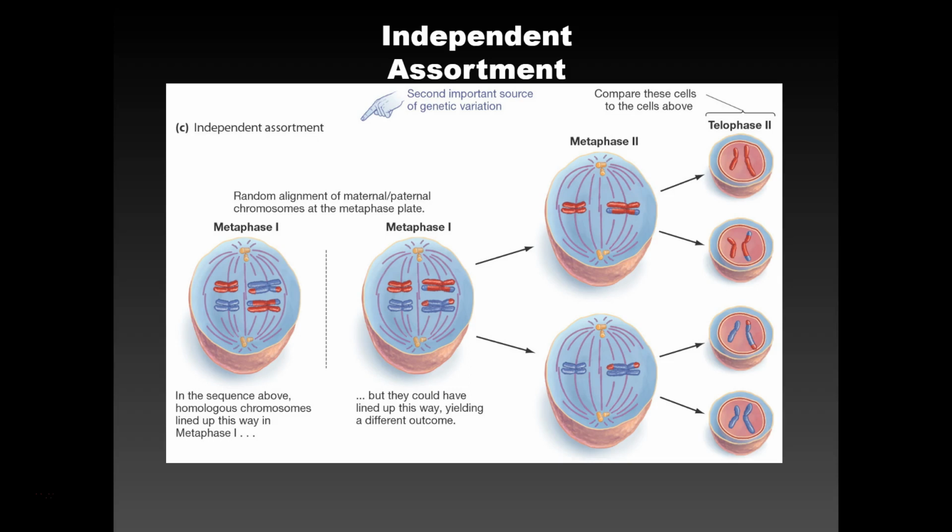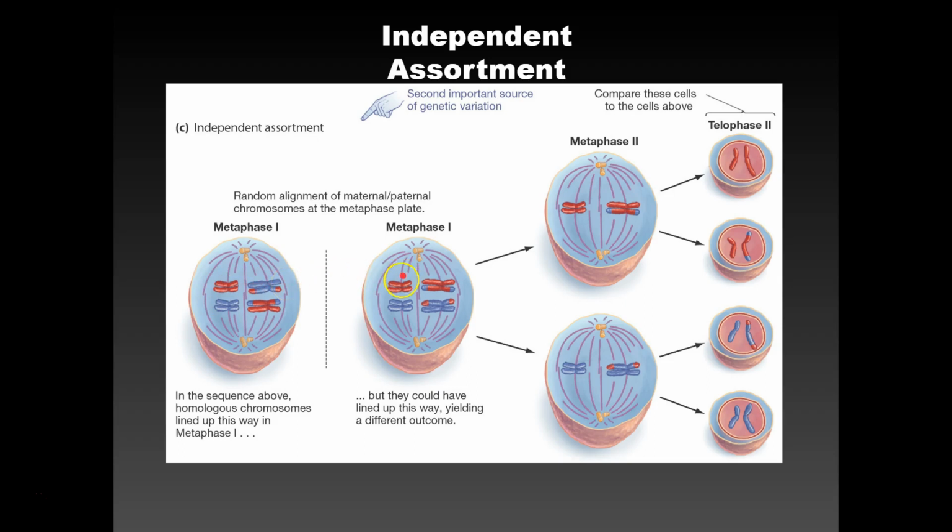So after metaphase 1, or during metaphase 1, you have this process of independent assortment. I'm planning on drawing this on the board just because it can be a little bit difficult to think about in a lecture in this format. But you can see here, these chromosomes could have lined up like this with a red one here and a blue one here.